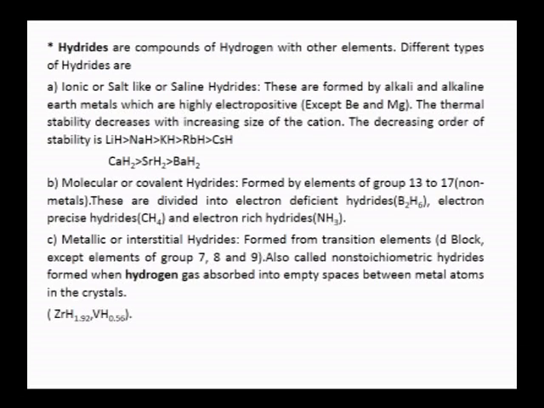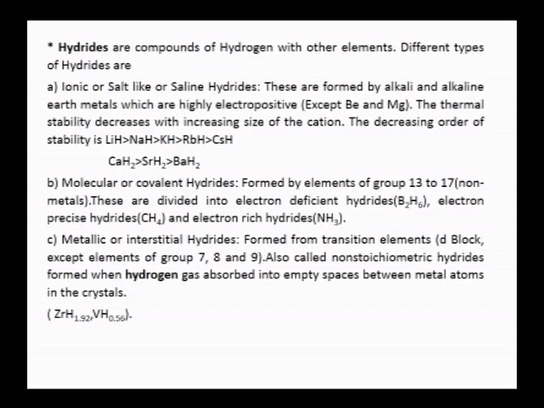If the electrons available are sufficient to write the conventional Lewis dot structure, the hydride will be electron precise. In electron rich hydrides you have excess electrons in the form of lone pairs. In NH3, you have one lone pair of electrons on nitrogen, in H2O two lone pairs on oxygen, and similarly in HF three lone pairs on the fluorine atom.